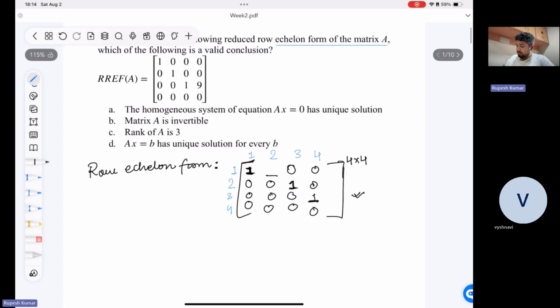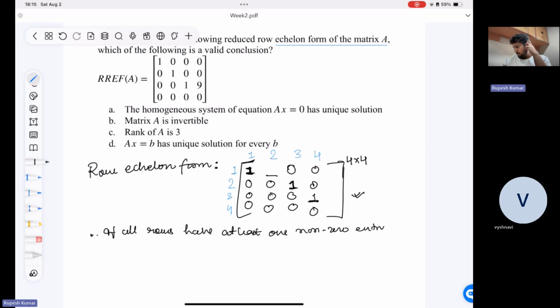So for example, the first property: if all rows have at least one non-zero entry, that means the matrix is full rank and is invertible, right?